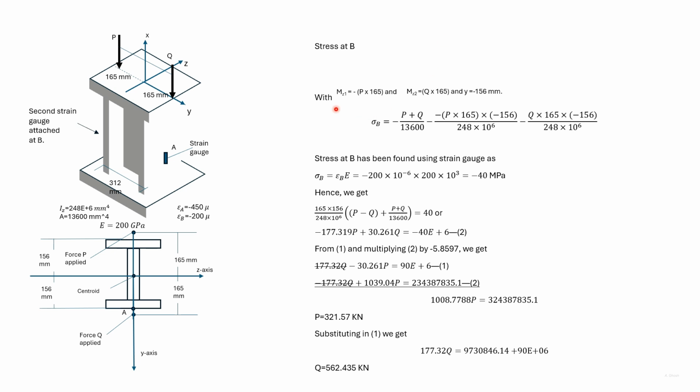After this, we substitute mz1, mz2, and y of point B, which is negative. So substituting all this in the equation for sigma B, we get the expression of sigma B in terms of P and Q as shown.